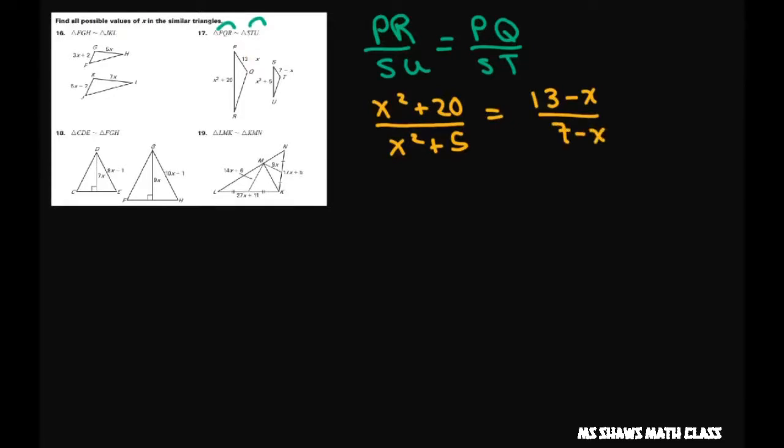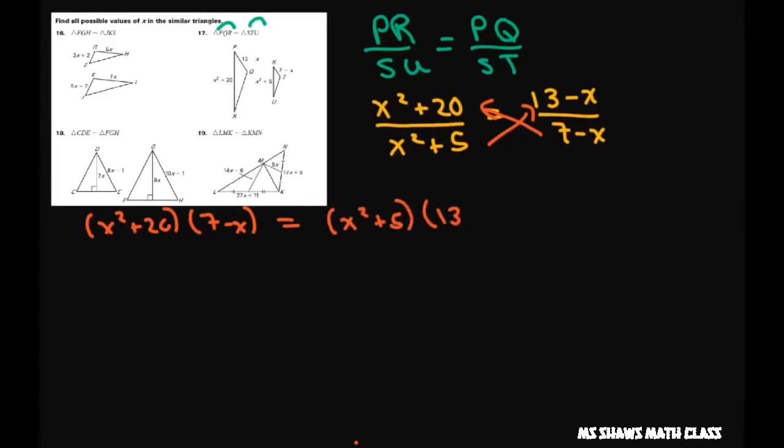Now we're going to cross multiply. So we're going to get, and I'm going to write it down here, x squared plus 20 times 7 minus x equals x squared plus 5 times 13 minus x.